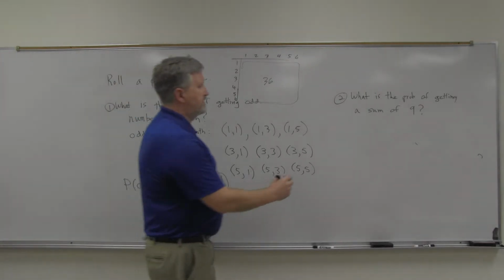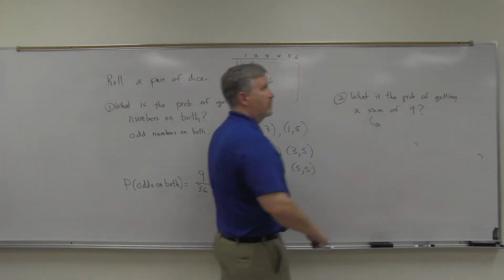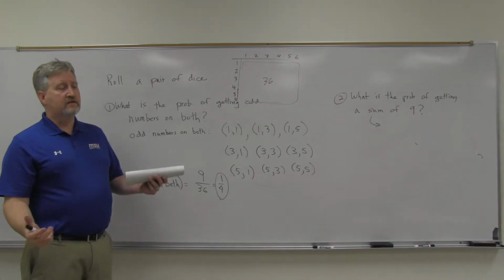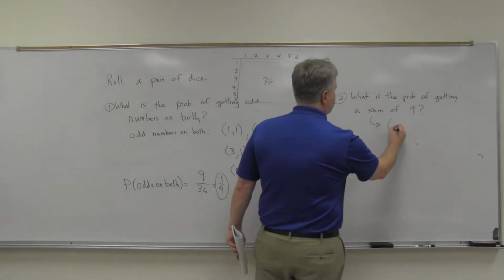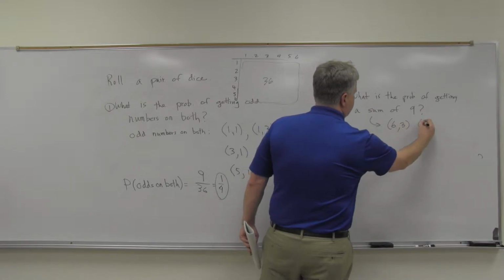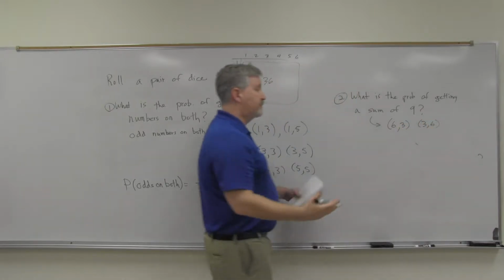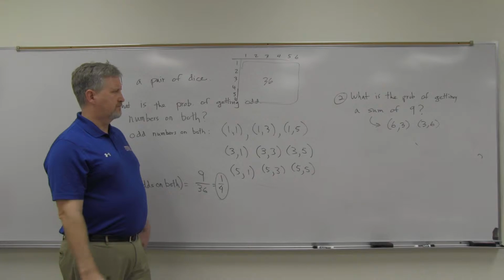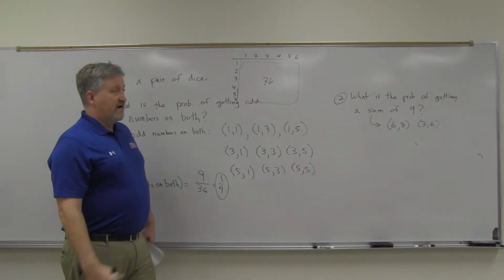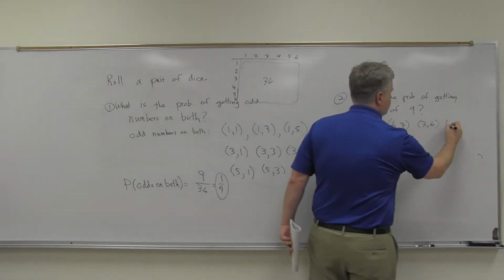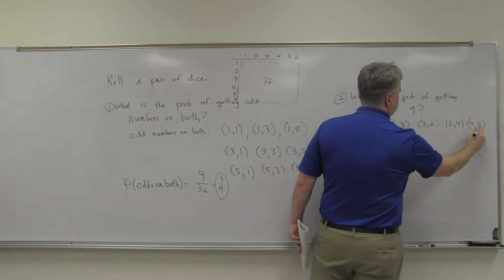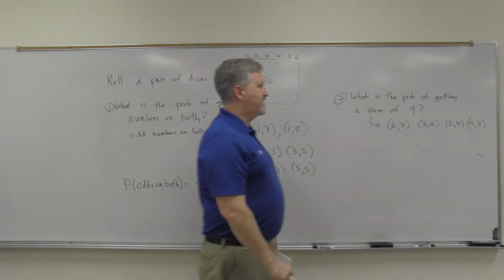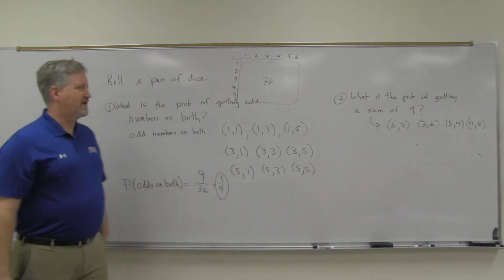We just want it to be a sum of 9, and so how could we get a sum of 9? 6, 3. But again, 3, 6 is a different roll because of the first and second ones. 5, 4. 4, 5. I think that's it.